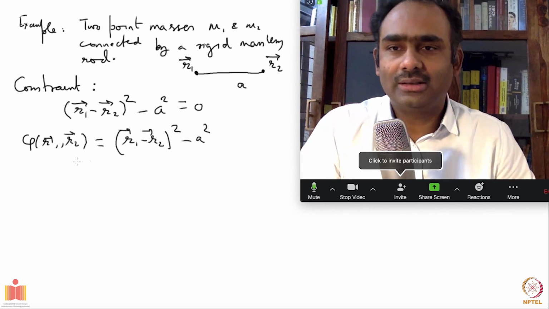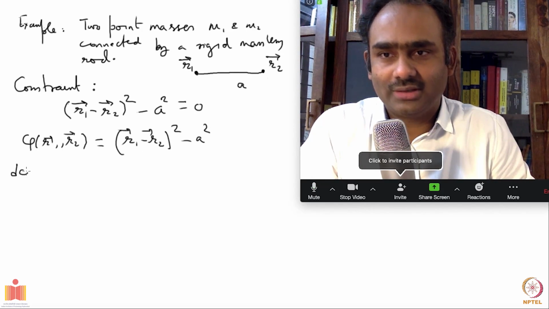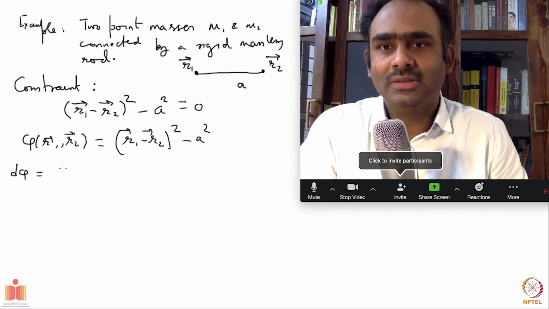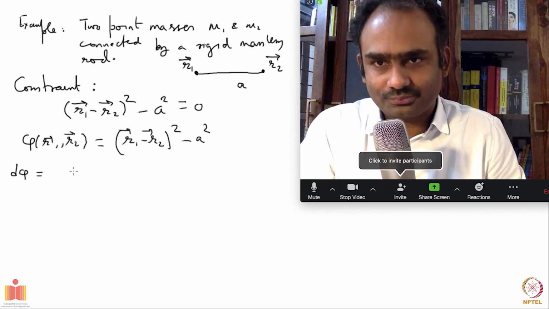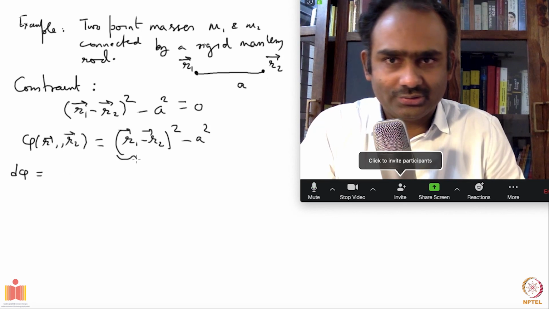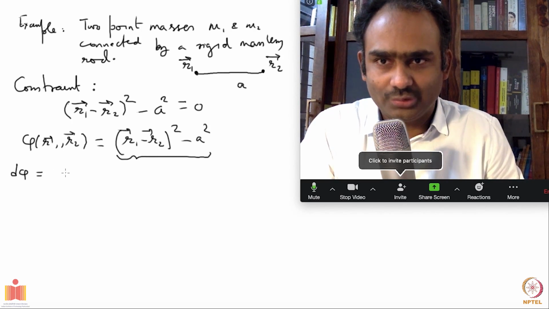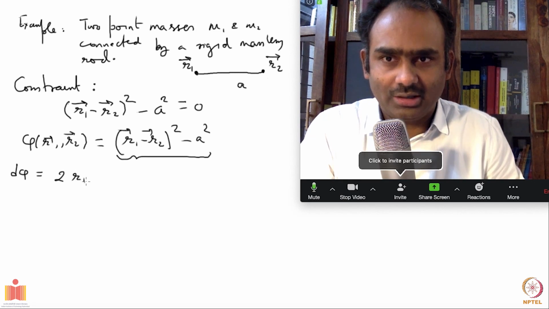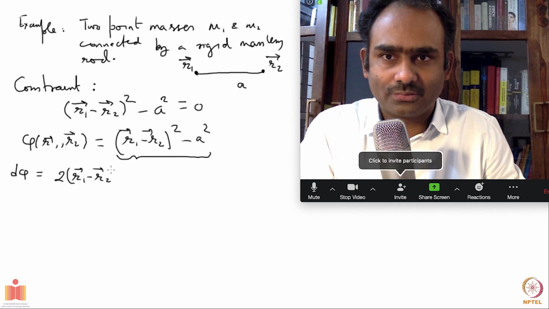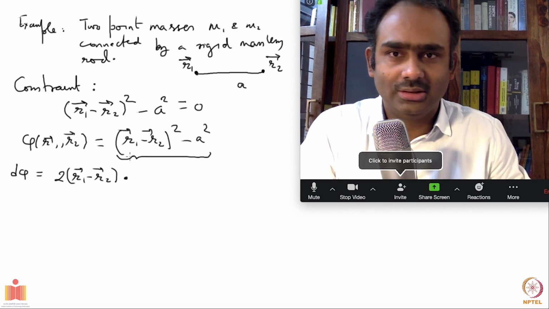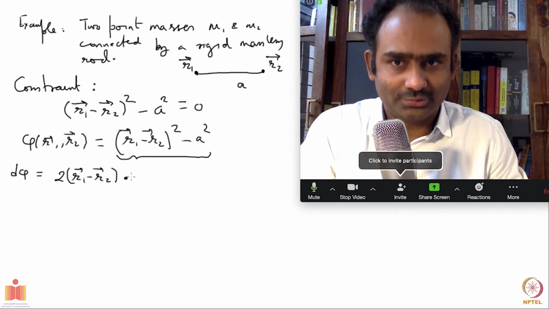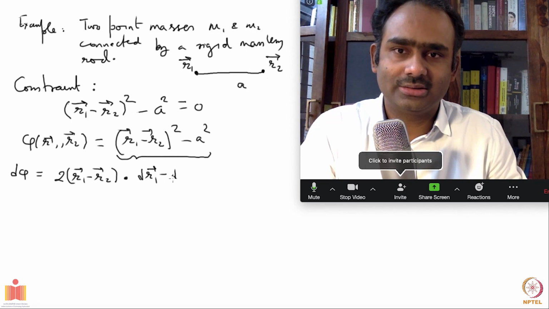Now let's look at the differential of phi as we used to do earlier. So d phi would be d of this quantity, which will give you immediately 2 (R1 minus R2) dot d of (R1 minus R2), which gives you dR1 minus dR2.